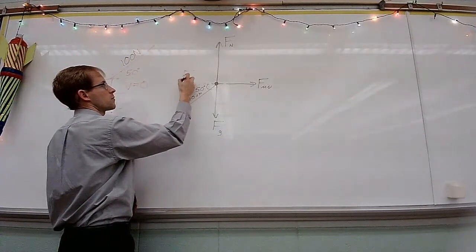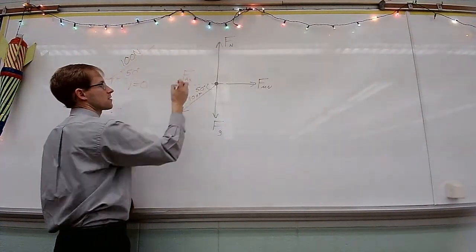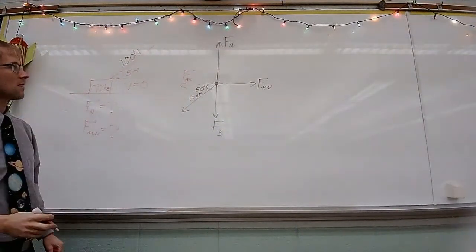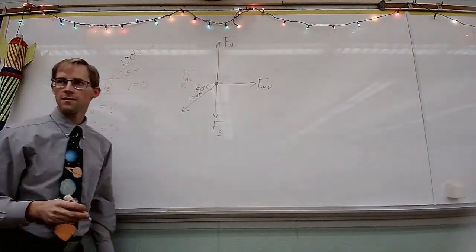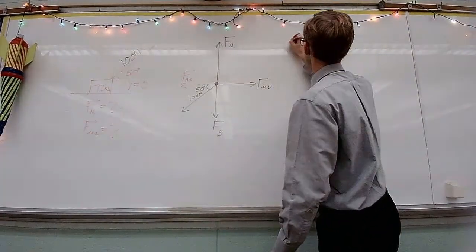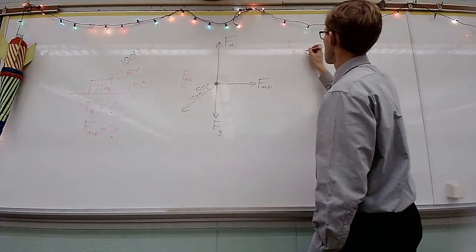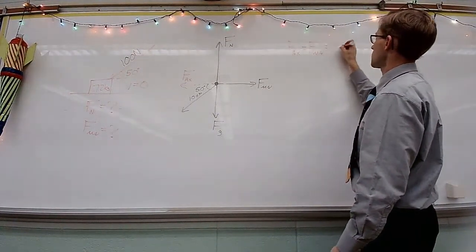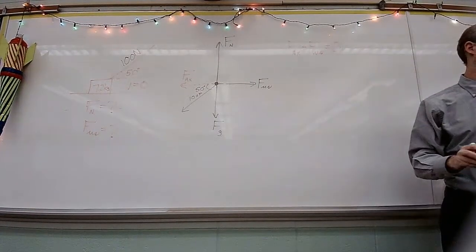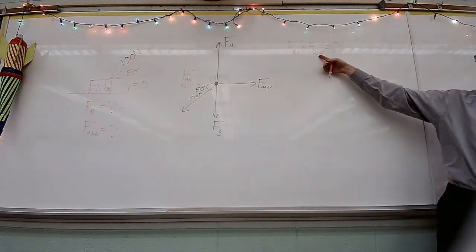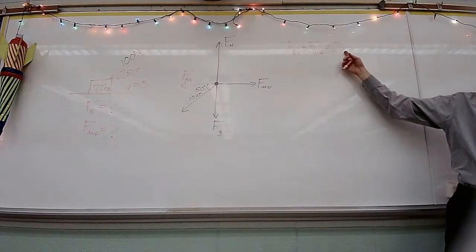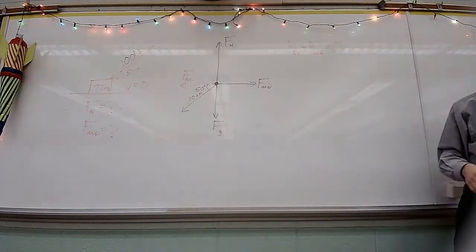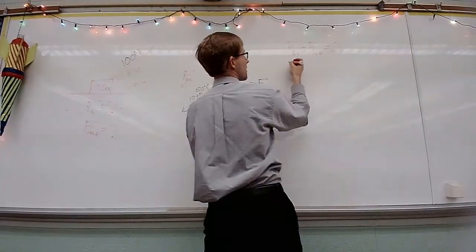Call this the applied force in the x direction. So, force equation is going to be applied force in the x direction minus force of static friction equals 0. And just like the last time, if I want to solve for force of static friction, I'd put it on the other side. And you see that those two things are going to be equal to each other.